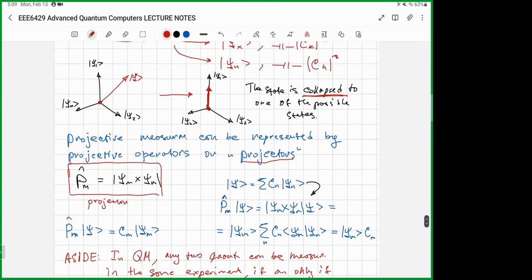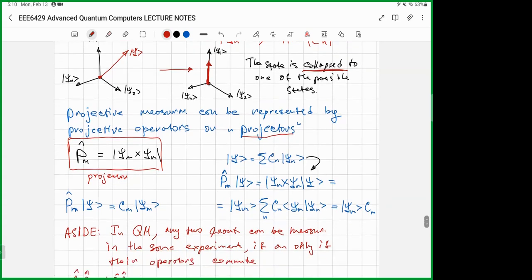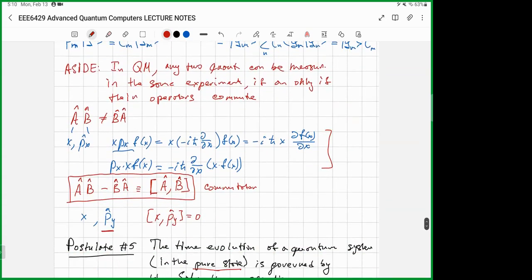For example, if we have a particle, we measure the particle in the coordinate space. We detect the coordinate of it, and for the same particle, we can measure the energy of the particle, and as a result, the state of the particle will collapse to the particular energy state, etc.